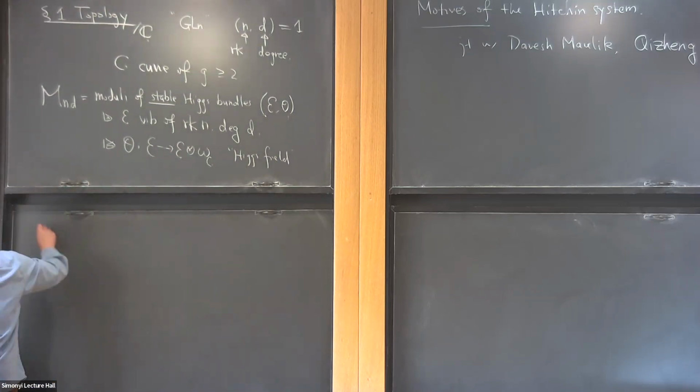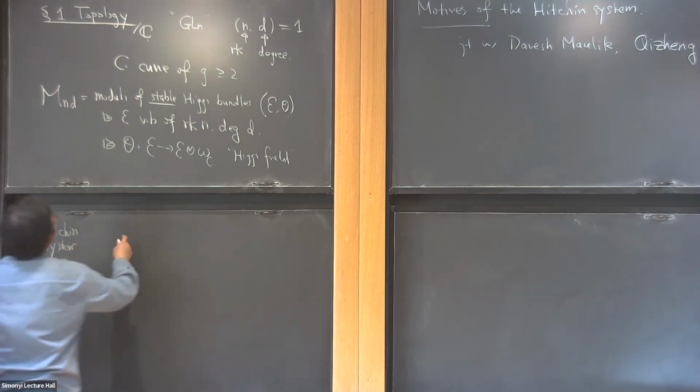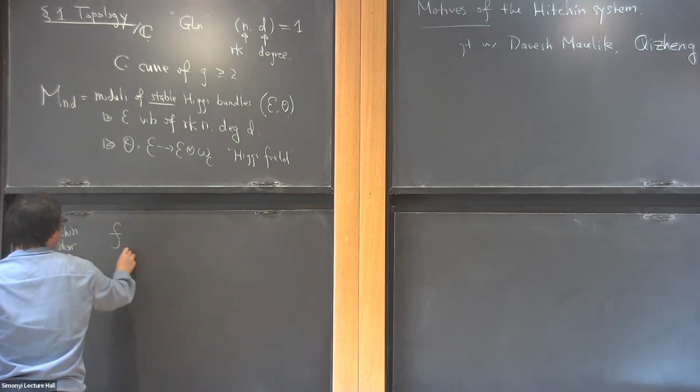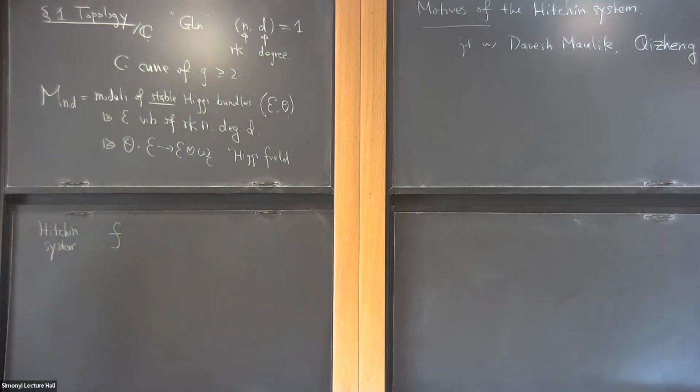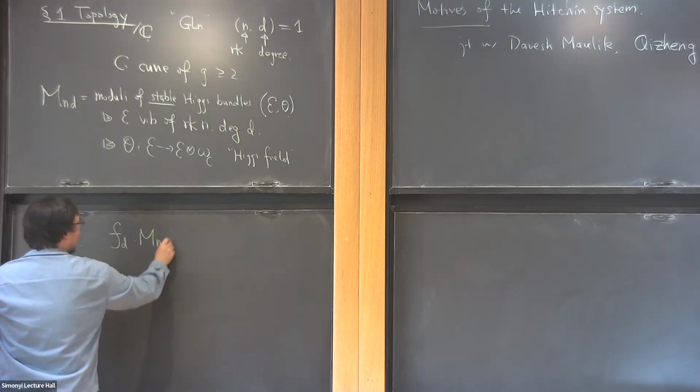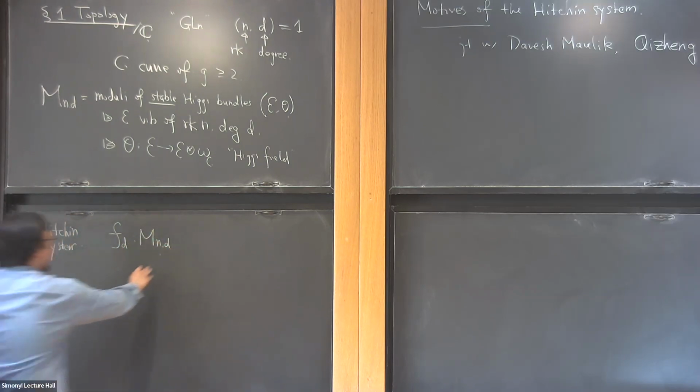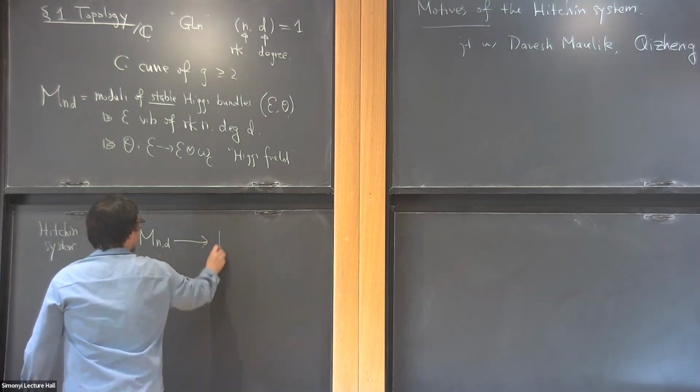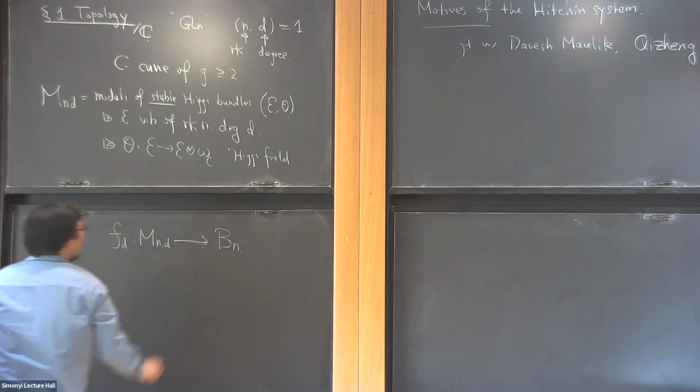Okay, and this space admits a Hitchin system, an integrable system, given by, where I will use f_d to denote the dependence on the degree you choose, and the base is only dependent on n, the rank.